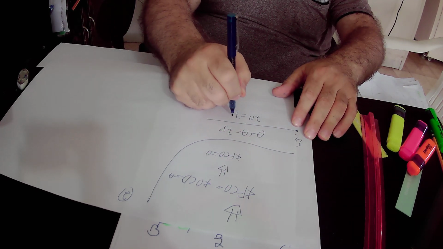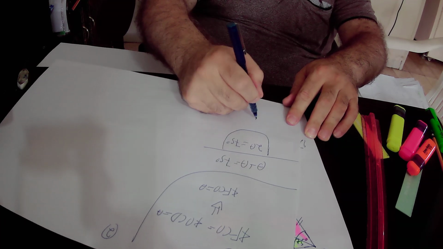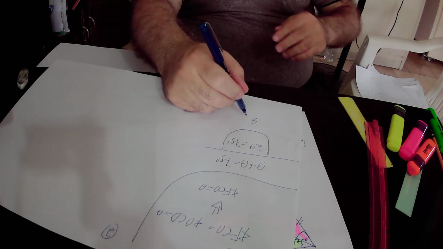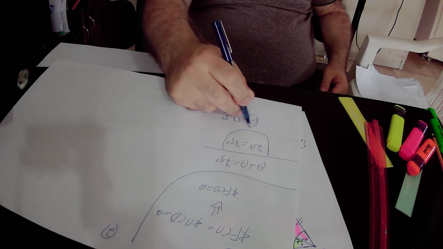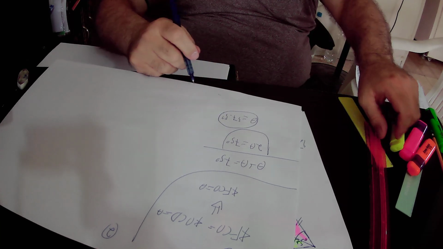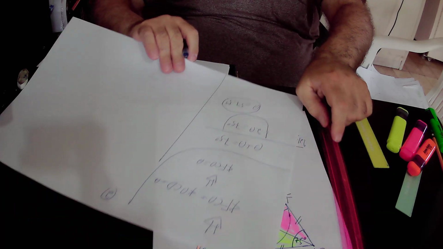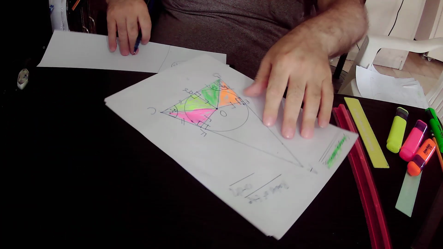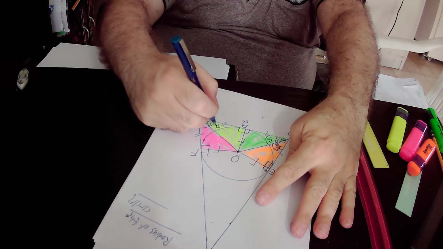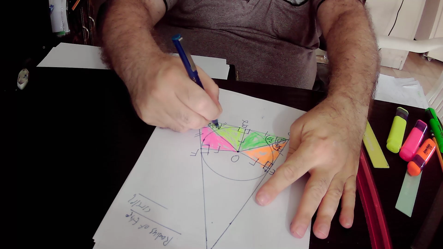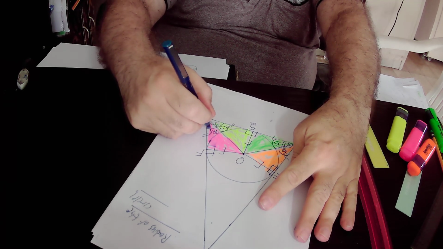We divide this equation by 2 and we get that angle theta equals 75 degrees over 2, which is 37.5 degrees. So angle theta equals 37.5 degrees, and also this angle theta equals 37.5 degrees.